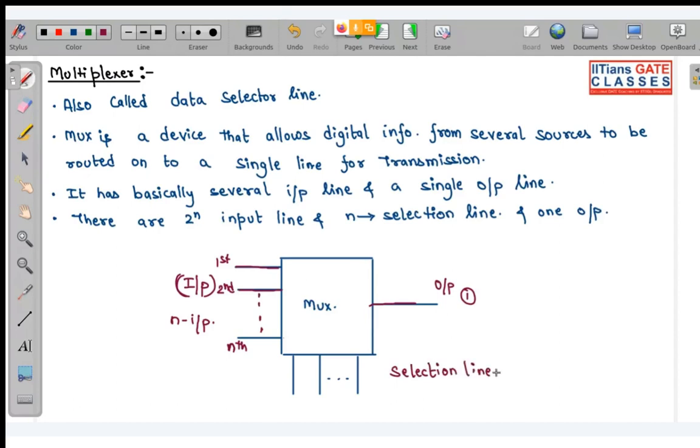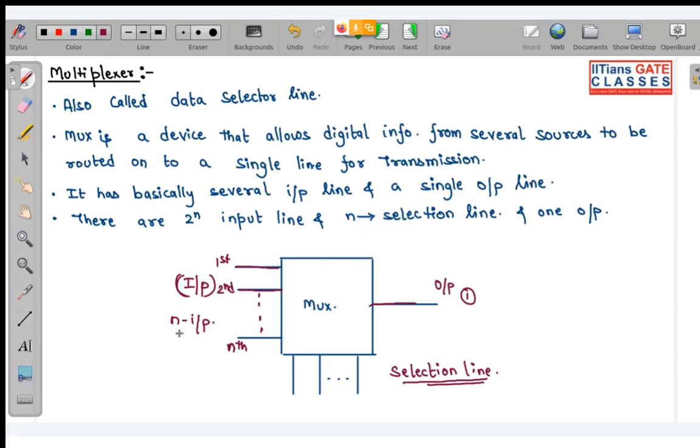Okay, selection line. So what does this selection line do? Basically, the selection line selects which input should pass to your output, or which input should be connected to the output.